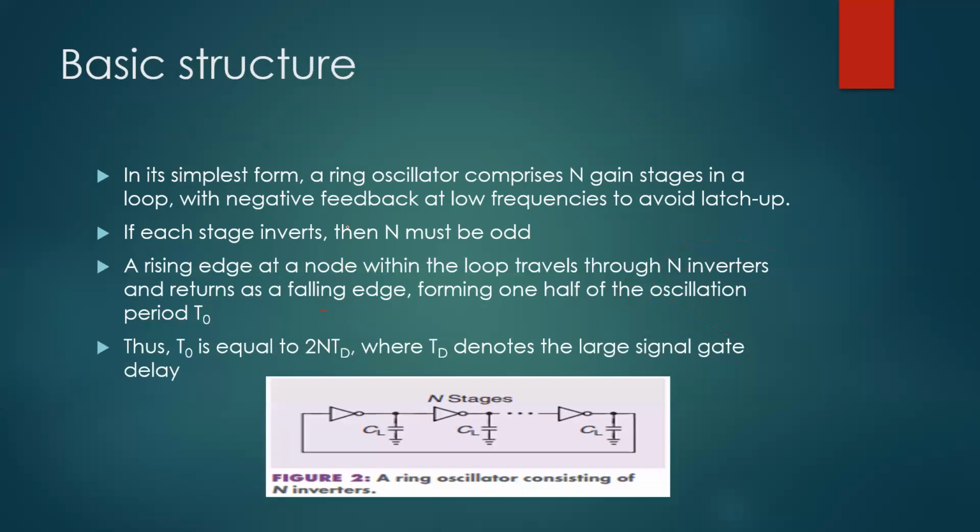Thus, T0 is equal to 2n TD, where TD denotes the large-signal gate delay.